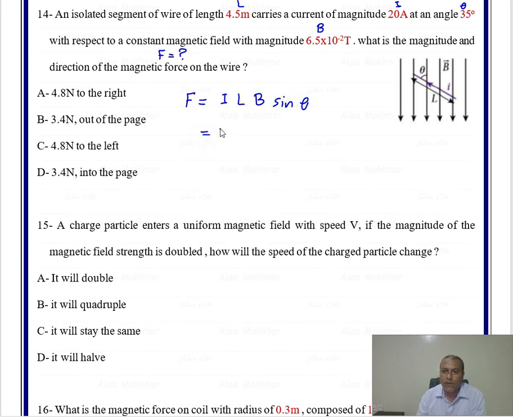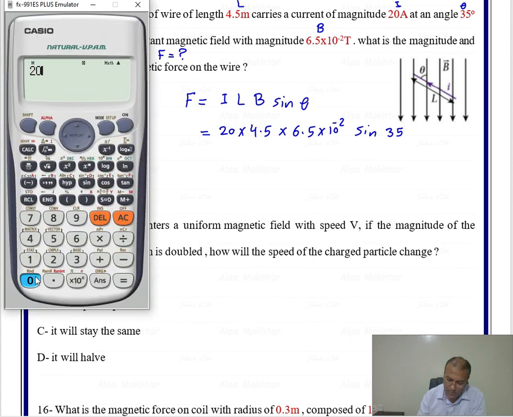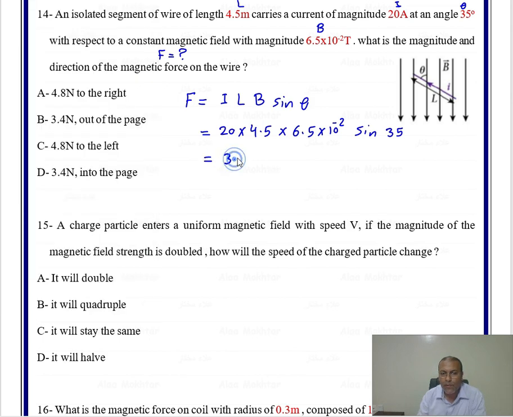I is 20, L is 4.5, B is 6.5 times 10 to the negative 2, sine of the angle between the wire and the magnetic field, 35. 20 times 4.5 times 6.5 times 10 to the negative 2 sine 35 gives 3.35, or 3.4 Newton.